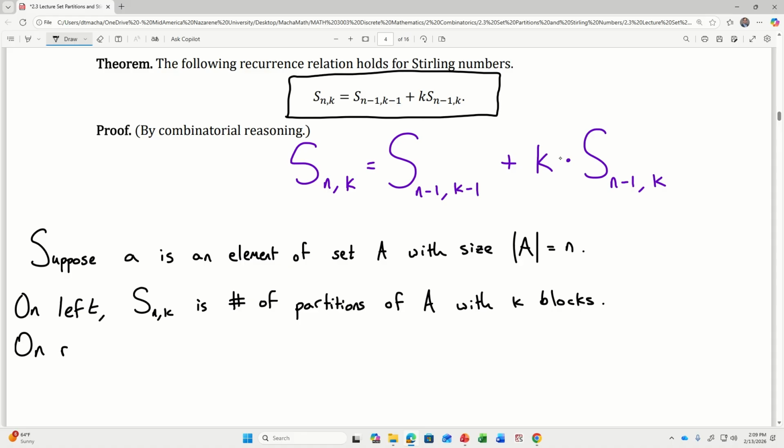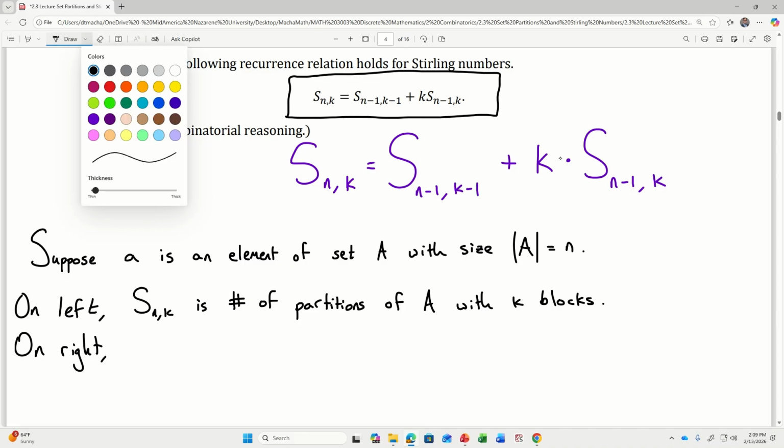On the right side, we've got 2 parts. We've got the first Stirling number plus k times the second Stirling number. So let's talk about the first Stirling number.